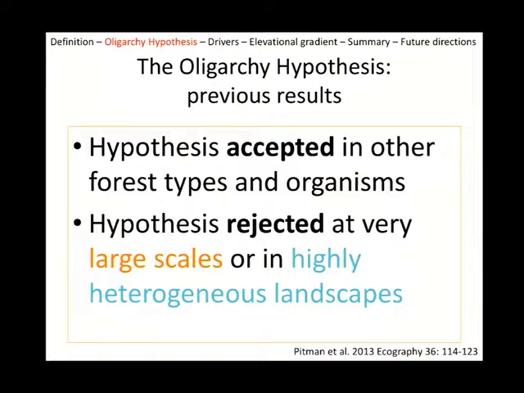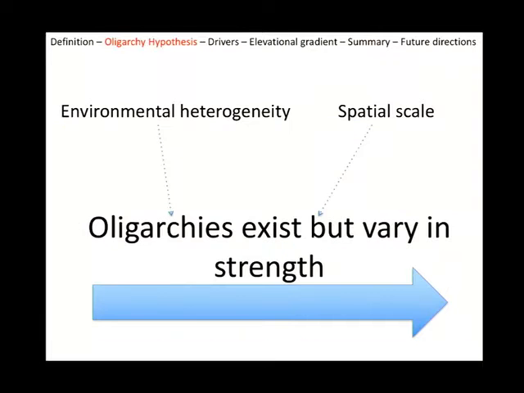From my point of view, this previous body of literature suggests 2 things. First, that oligarchy patterns are common, are a general phenomenon in biological communities, but that can vary in strength from weak oligarchic patterns, where it is very difficult to identify which are the common species, to very strong oligarchic patterns, where it is immediately evident which are the common species in the region or in the study area.